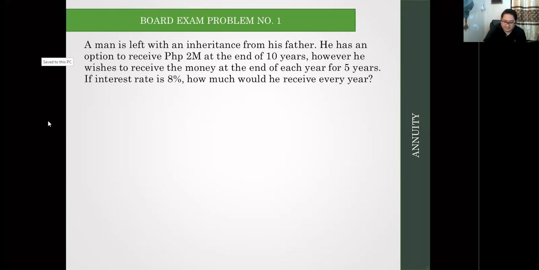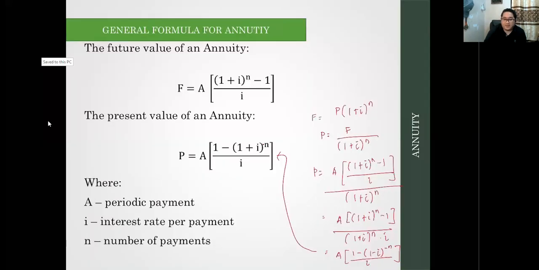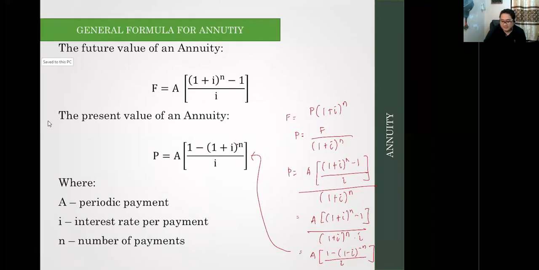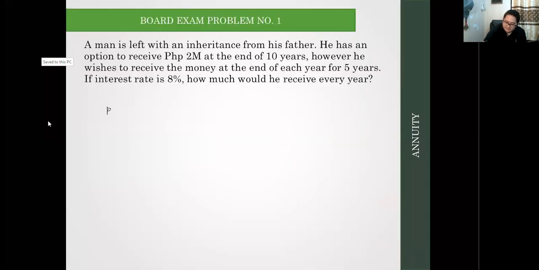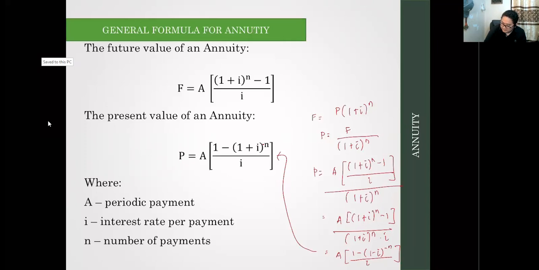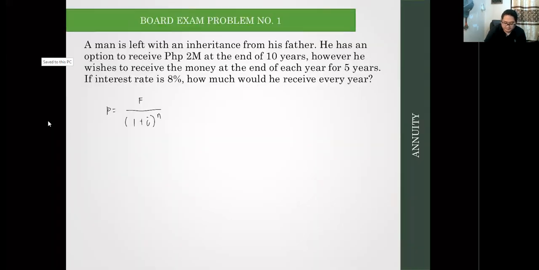So, ano ba yung formula natin? So, meron tayo kanina na formula for present worth ng value ng annuity. Okay? So, ang hindi natin alam is yung periodic payment na ibibigay sa kanya, no? Yun yung hinahanap natin, yung amortization payment. Pero may formula tayo na P is equals to F over 1 plus I raised to N. Okay?